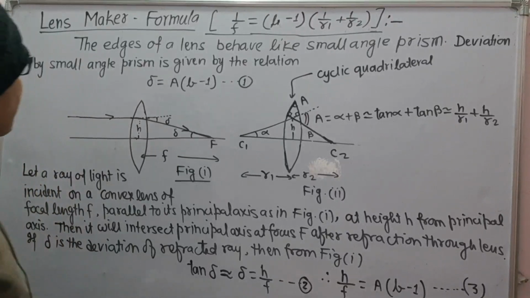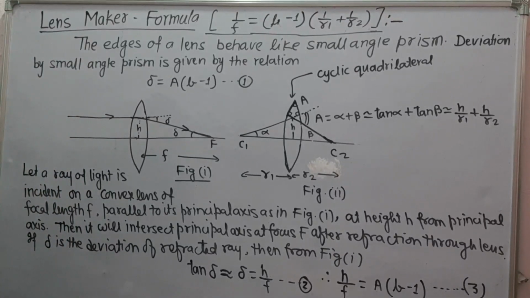Next, we take Lensmaker formula, which is 1 upon F is equal to mu minus 1 into 1 upon R1 plus 1 upon R2, where R1 and R2 are the radii of curvatures of the two surfaces of lens.